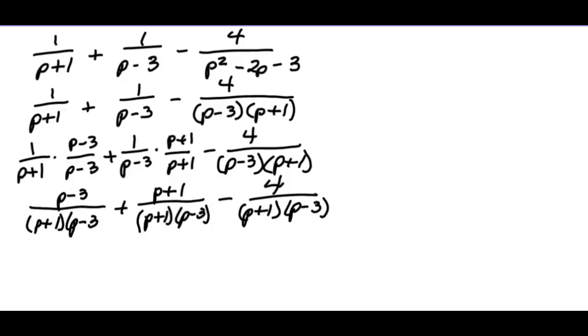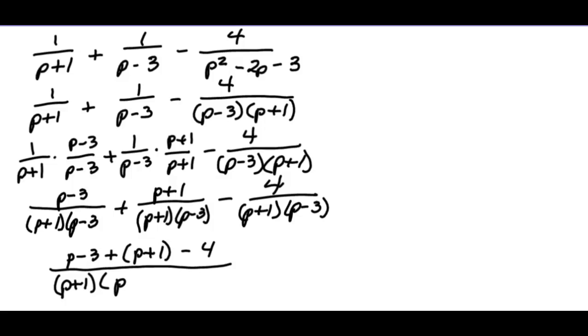Now what I can do is start to combine all those terms. I've got p minus 3 plus that quantity, p plus 1, minus 4 over our common denominator, which happens to be p plus 1 times p minus 3.